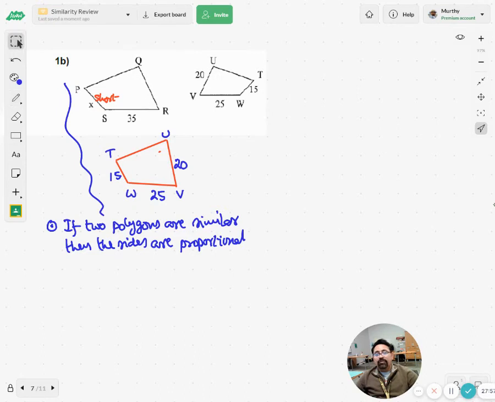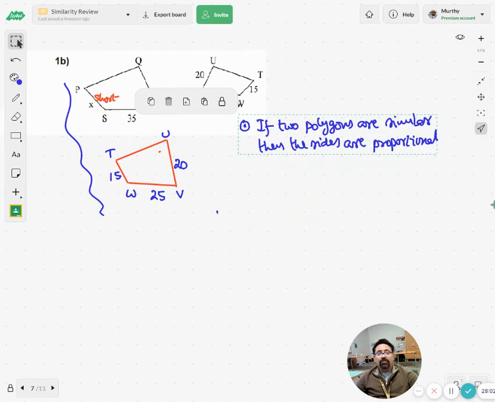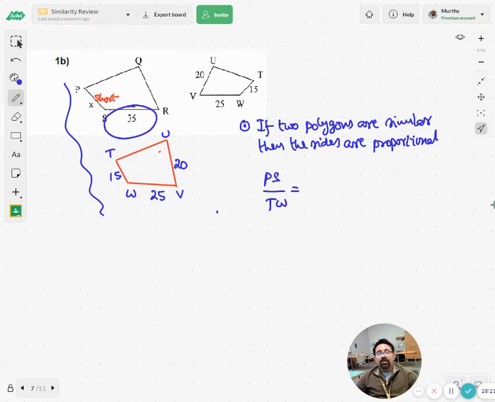Let me move this one all the way from here to here. Okay, so I take PS over the corresponding side, it is TW, equals SR over WV. That is SR over WV.